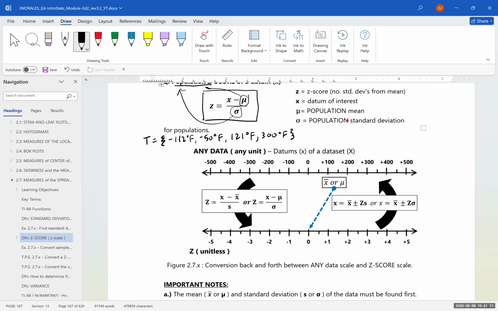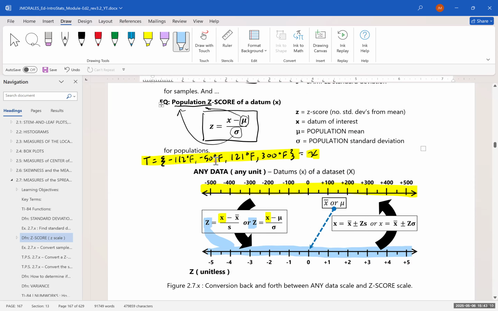These values here, these are kind of like our values of X. Okay. And so these values of X are the input for this equation. So that would be values that are on this scale. Okay. And when we put that X in and we simplify the right-hand side of this equation, what do we get? We get the output, which is our z-score. And that gets mapped over to this scale down below.